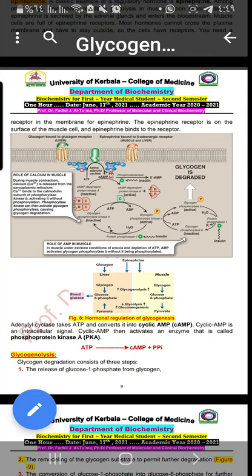The other hormones, which are called anti-insulin hormones, including glucagon and epinephrine, require a receptor in the cell membrane.